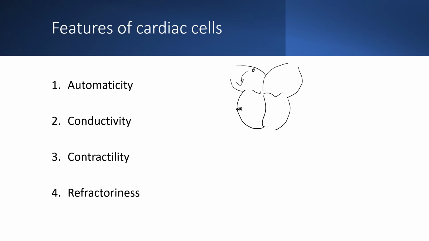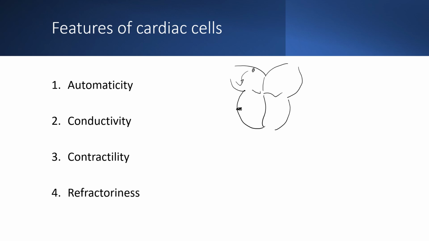The word refractoriness, what does refractoriness mean? It means that the cardiac cells will not respond to any additional stimuli once they have been depolarized. They have the inability to respond to any stimuli following depolarization. So that's a built-in mechanism.